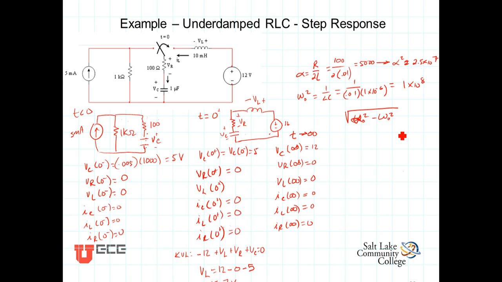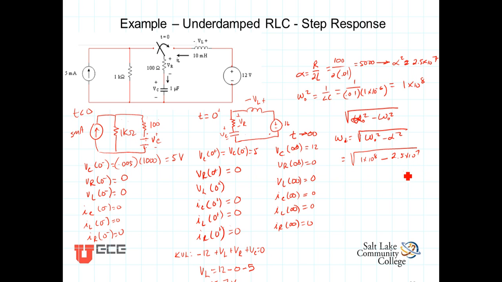So we can then calculate omega sub d, the damped frequency. Because the radical is negative, that tells us the circuit is underdamped, and we need to know what the damped frequency is. Omega sub d is equal to the square root of omega naught squared minus alpha squared, which in this case is equal to 1 times 10 to the 8th minus alpha squared, which is 2.5 times 10 to the 7th.